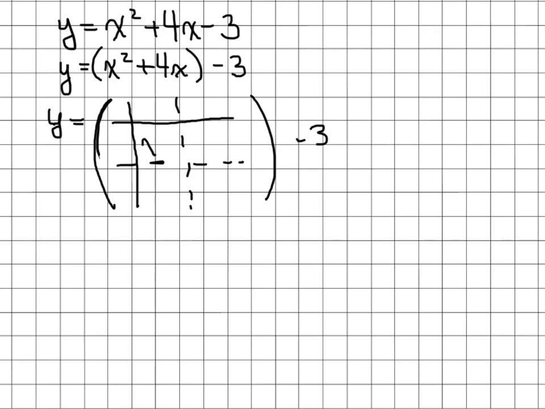So x squared here. Now, our x's, because we want to make a perfect square, our length and width have to be the same, so we have to divide those up equally into here and here. So 4x divided by 2 is 2x, and 2x.